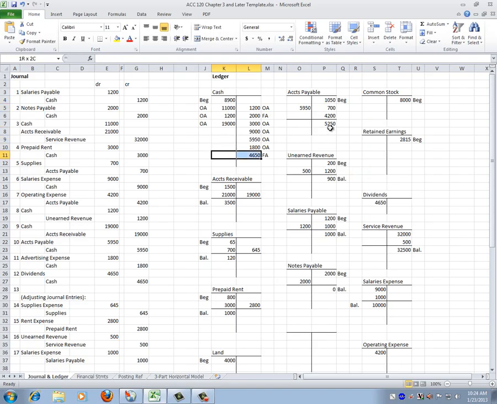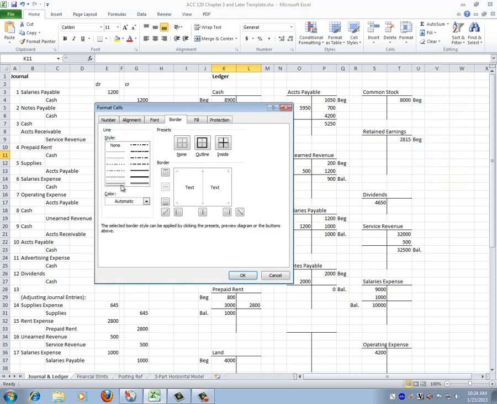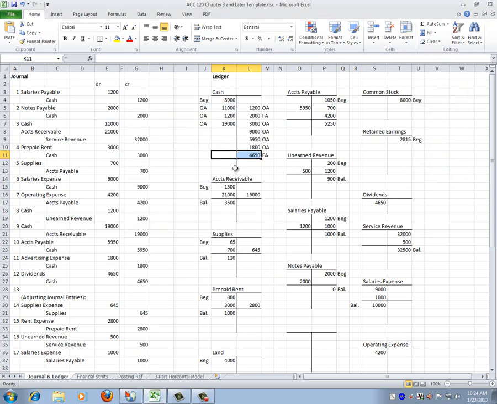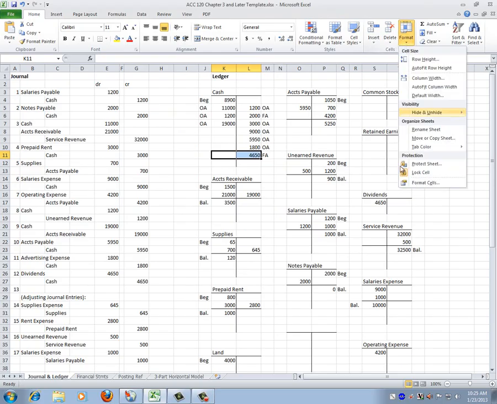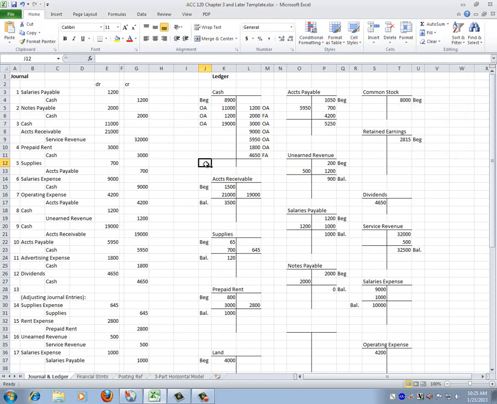And lastly, our cash. What happened? Okay. And let me do a formula on it to be safe.